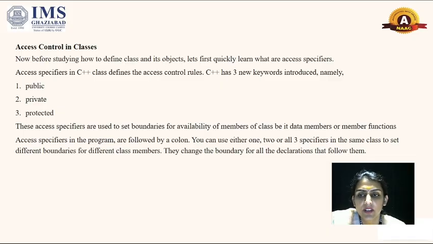These access specifiers are used to set boundaries of availability of the members of the class, be it any data member or any member function. Access specifiers in the program are followed by a colon. You can use either one, two, or all three specifiers in the same class to set different boundaries for different class members. They change the boundary for all the declarations that follow them.